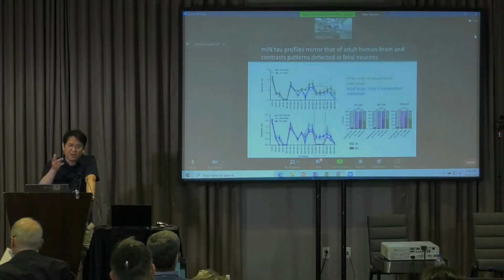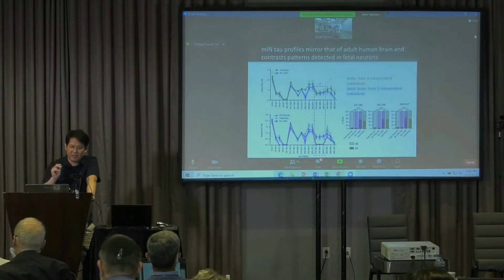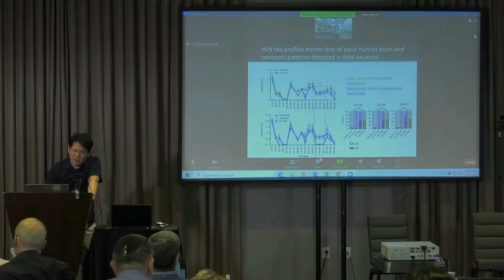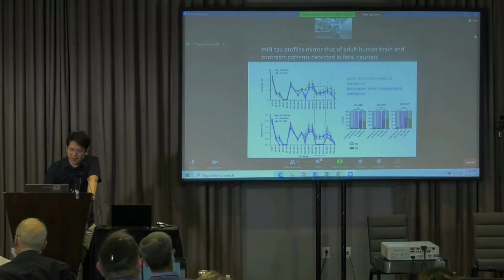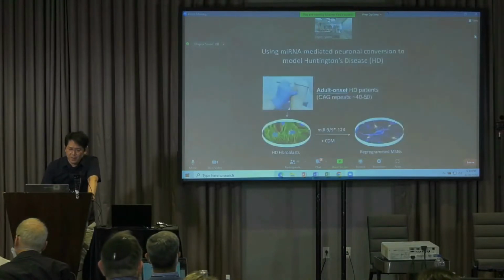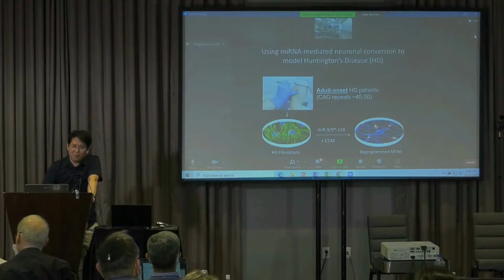If you look at the amount of 3R versus 4R, in this example from mass spec analysis, they express 4R at a level that is basically indistinguishable from adult brain. The point I'm trying to make is that these are neurons quite distinct from fetal neurons. These are examples where we look at peptides that correspond to exon 10, and fetal neurons basically don't have it.